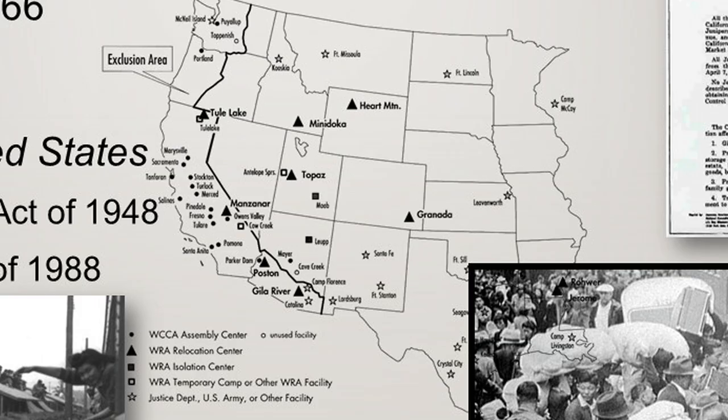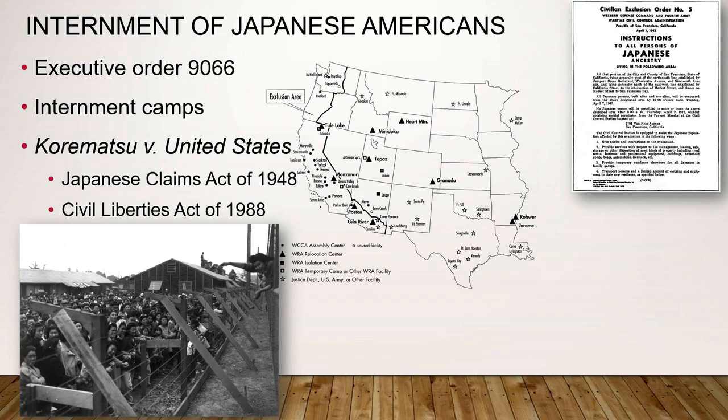And you can see some of them marked on this map there. And so the problem is this. Unlike, as I described, with Germans and Italians, this is Japanese and Japanese Americans. Americans who just happen to be of Japanese ancestry.